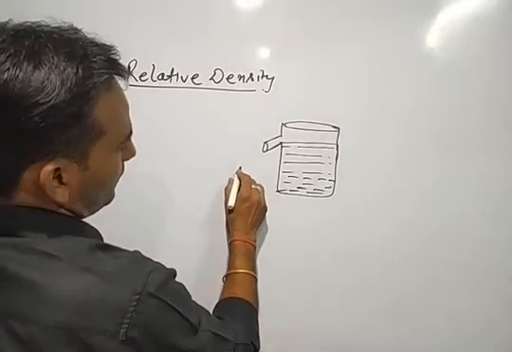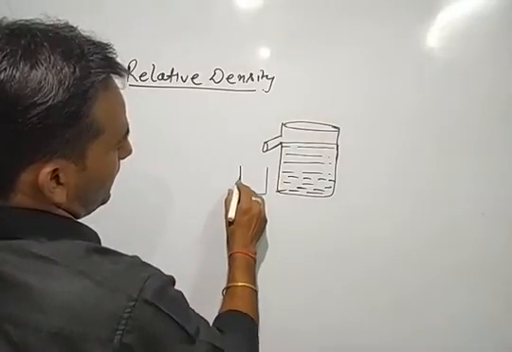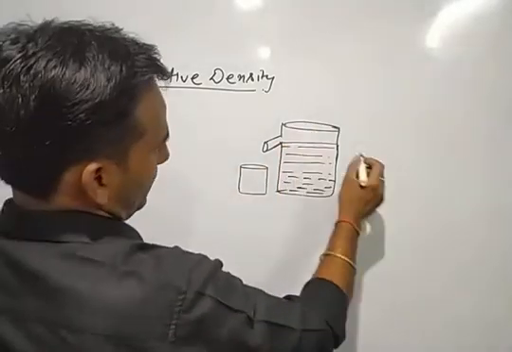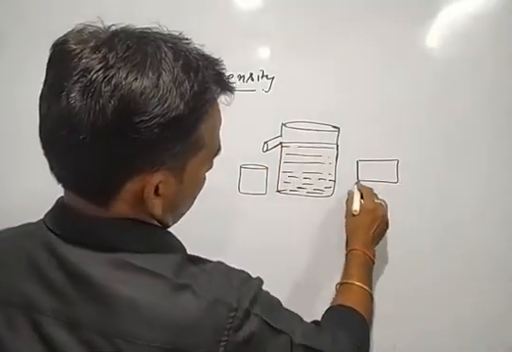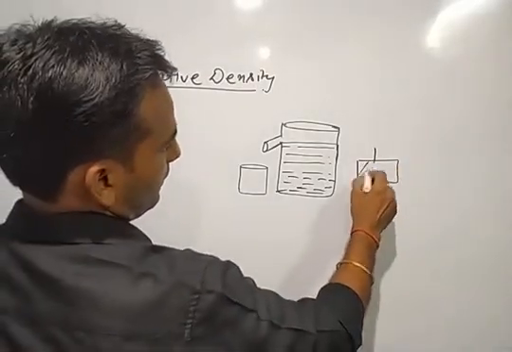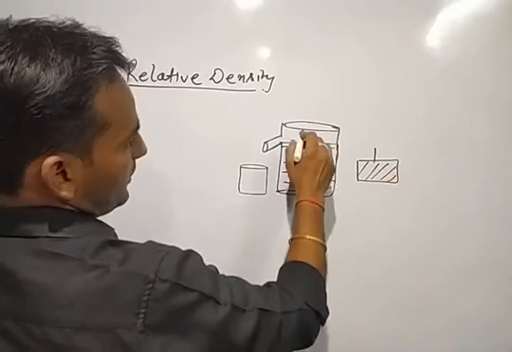So another beaker is kept here. Now we need to find the volume of this object. With the help of a string, we will submerge this object into this water.